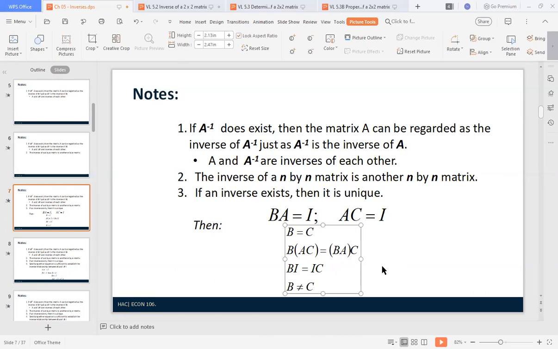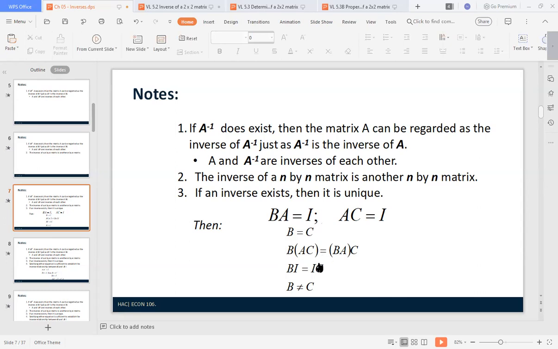Another thing to take note of here, class, is that it also shows that the left inverse B here, again, we're multiplying from the left, and the right inverse C here, multiplying A from the right, which gives us AC is equal to I, must be the same matrix. But then again, they're not the same matrices.